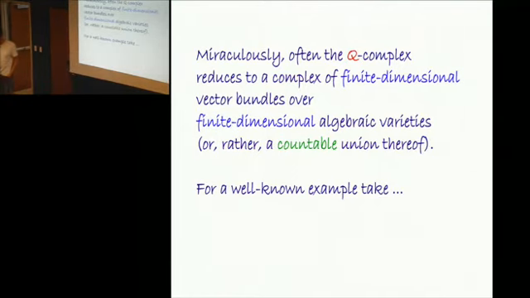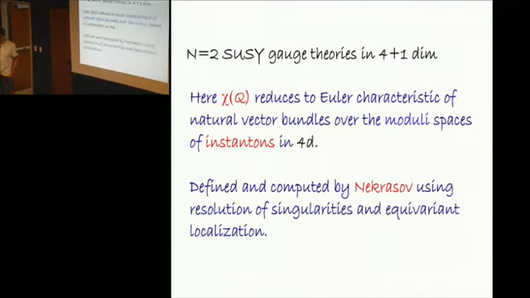For a well-known example, we're going to take N equals 2 supersymmetric gauge theory in 4 plus 1 dimensions, in which case this reduces to cohomology of some vector bundles over the moduli space of instantons in 4 dimensions.